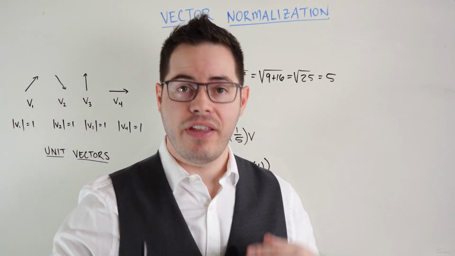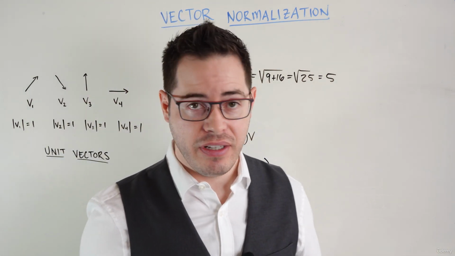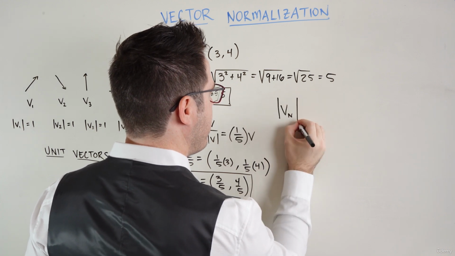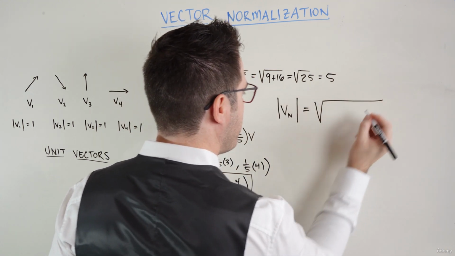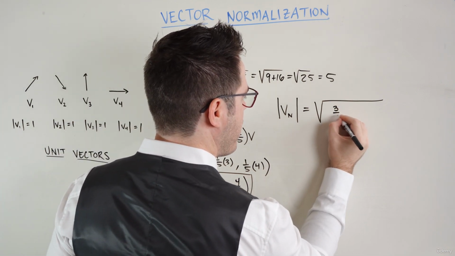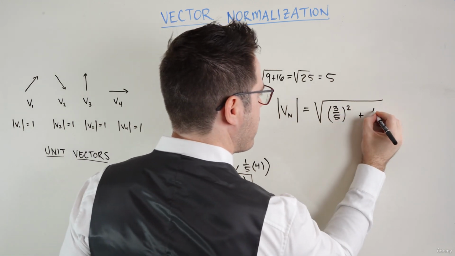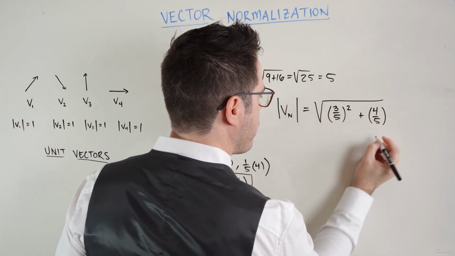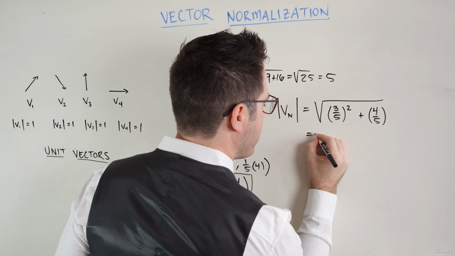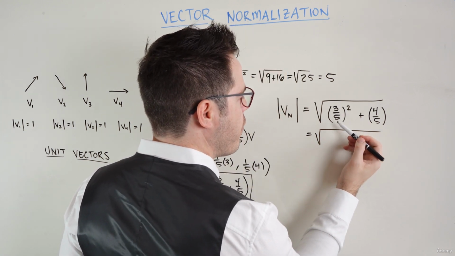Now, can we prove that this result has a magnitude of 1? Well, sure we can. We know how to calculate the magnitude of a vector. So the magnitude of our new vector v sub n is simply going to be the square root of x squared plus y squared. X squared is going to be 3/5 quantity squared, and y squared is 4/5 squared. Now, this might be an algebra review for you, but the way to simplify this is to square 3/5, which means the 3 and the 5 will be squared.